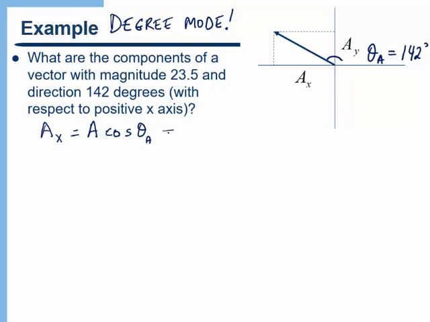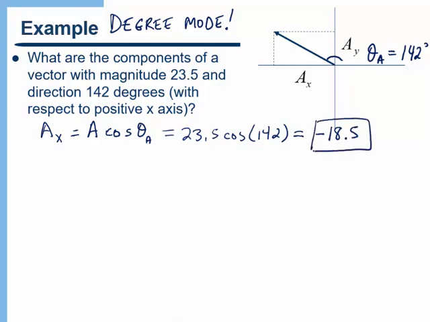In this case, then I'm just going to plug in 23.5 for the magnitude times the cosine of 142. And as long as I've got my calculator in degree mode, what I get is negative 18.5. Notice, by the way, that the component came out negative, and that makes sense. I can see the x component of the vector is negative.